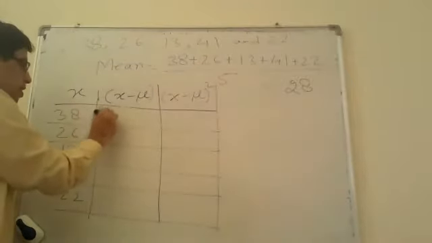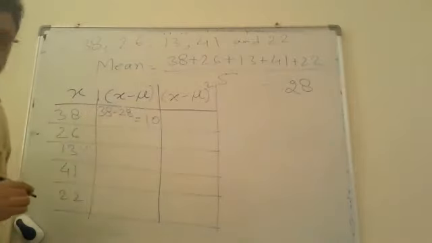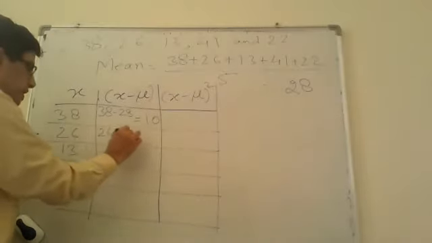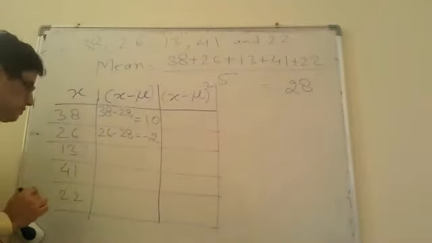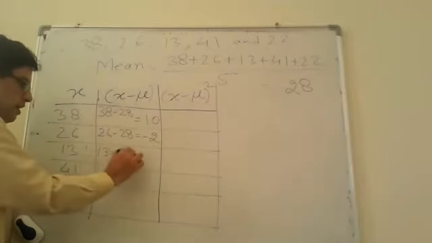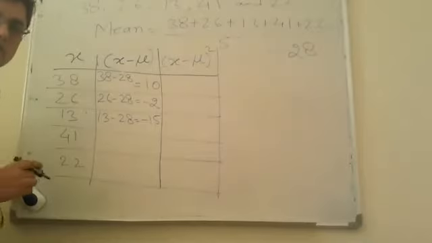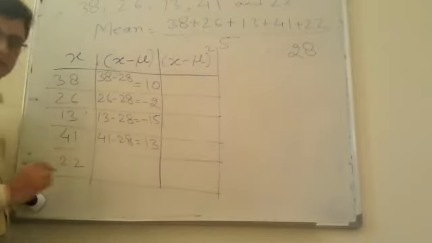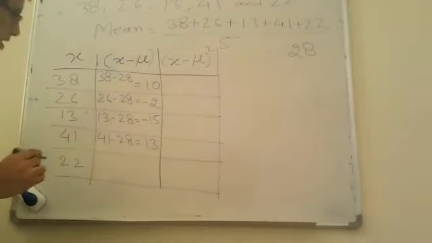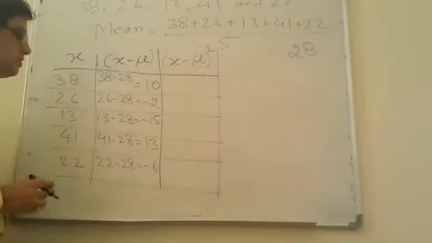So 38 minus 28 is 10. 26 minus 28 is minus 2. 13 minus 28 is minus 15. 41 minus 28 is 13. And 22 minus 28 is minus 6.